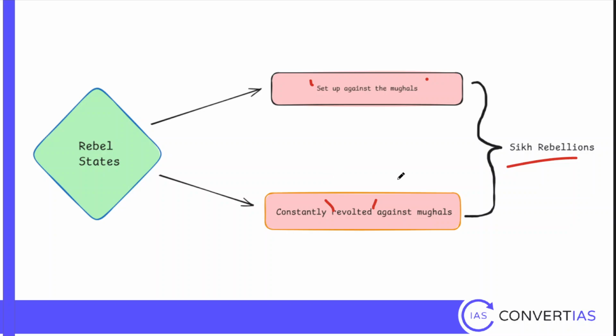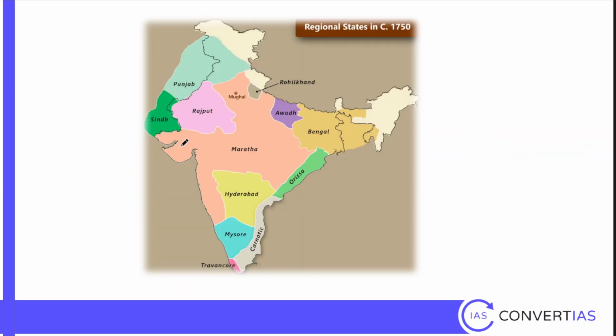In the context of Sikhs and Jats, you can see both these features, that is, constant conflict with the Mughals. You can have a look at the map here. This is a map from the 1750s. Here are the Rajputs, an independent state. You have the Punjab region here. This is the region where the Sikhs come into power. The Jats are concentrated in Delhi, Agra and Mathura, and their empire under Suraj Mal will get expanded.